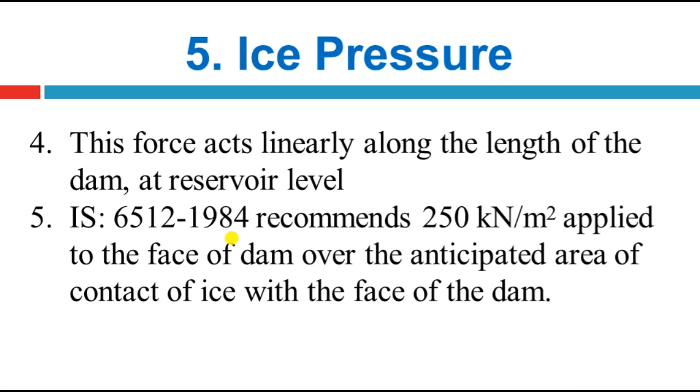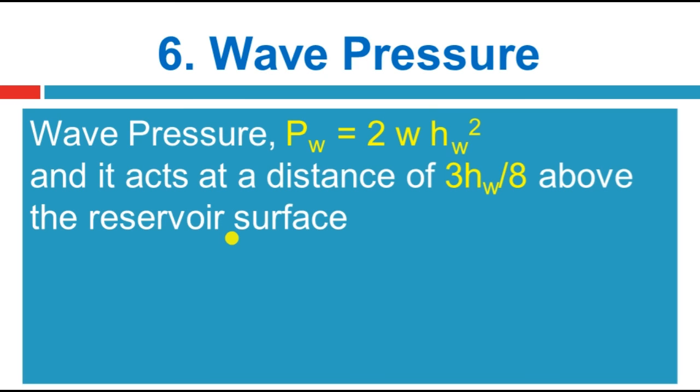This force acts linearly along the length of the dam at reservoir level. IS 6512-1984 recommends 250 kN per meter square applied to the face of the dam over the anticipated area of contact of ice with the face of the dam.